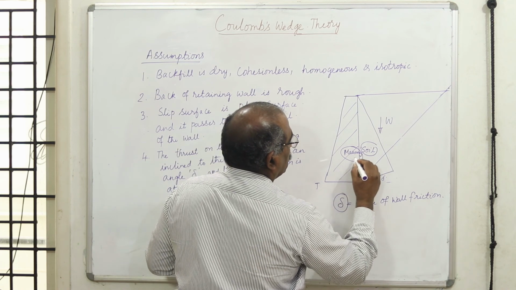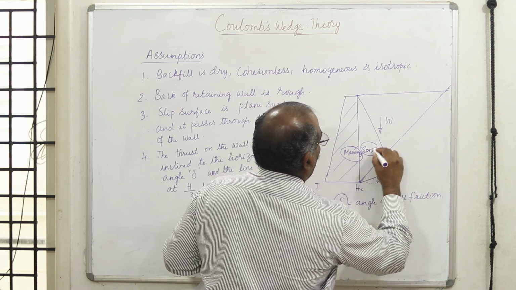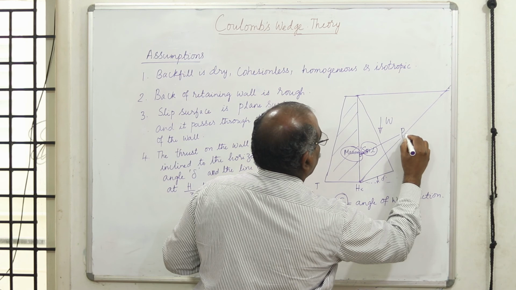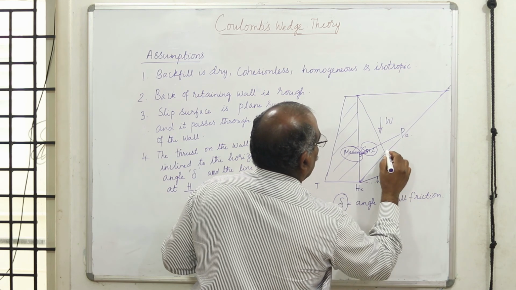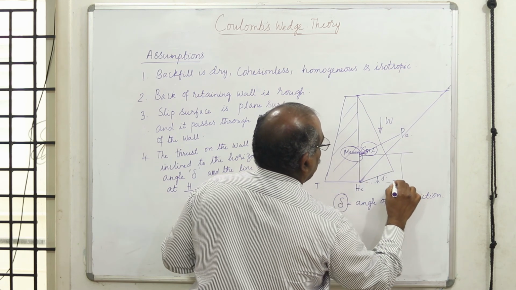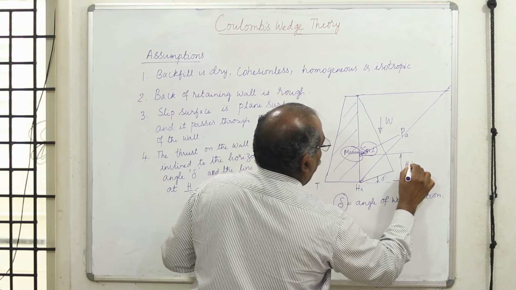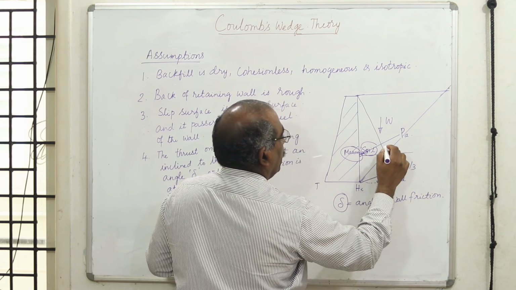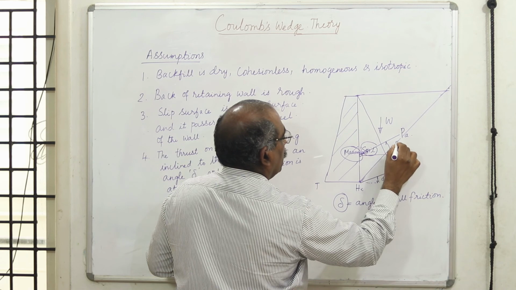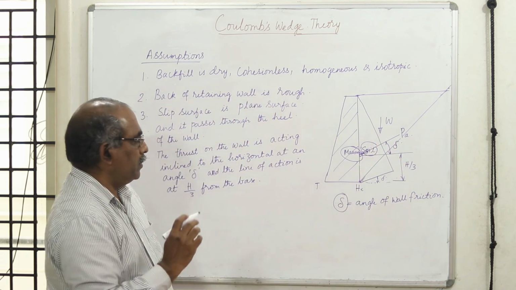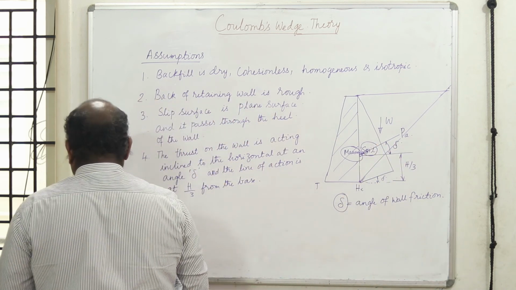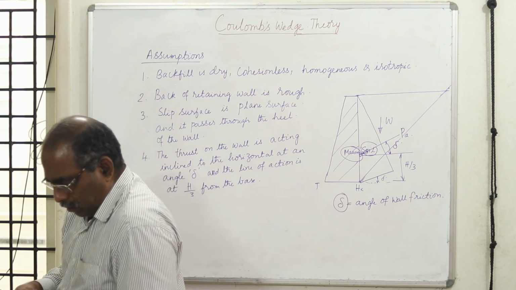Now the resultant thrust is acting. This is PA. This will be acting at h by 3 from the base, but it will be inclined at an angle delta to the base. Therefore, that is the assumption. These are the basic assumptions.